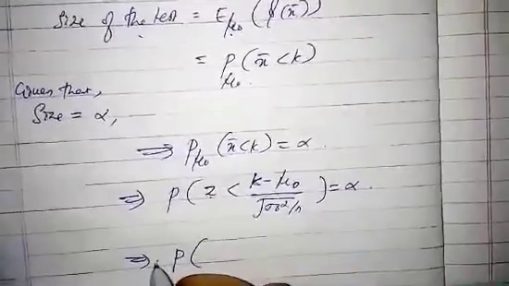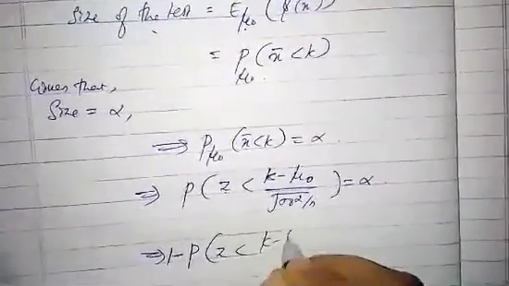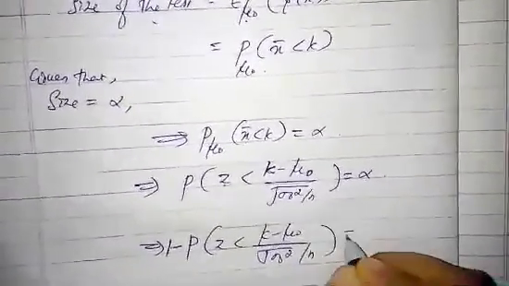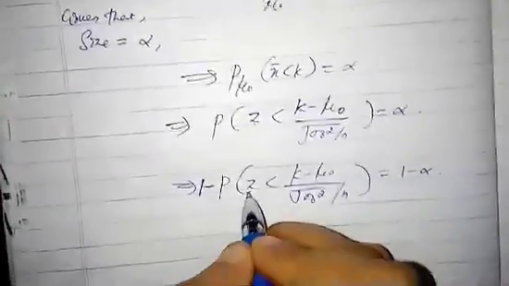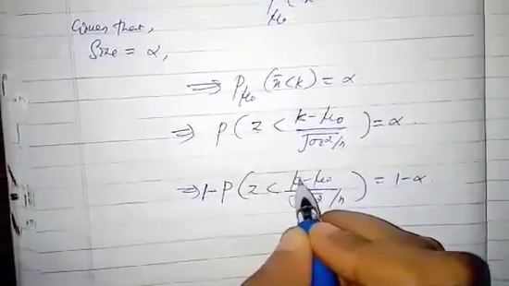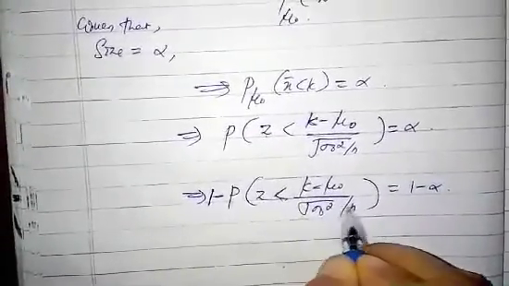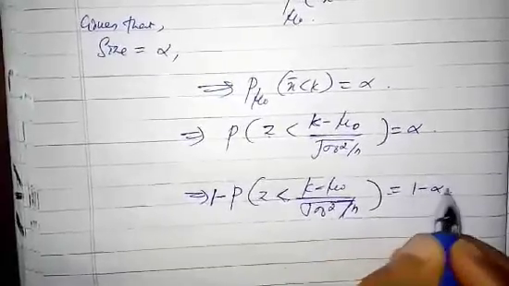For that we have to make some changes, that is 1 minus probability of z less than k minus mu naught divided by square root of sigma naught square divided by n, which is equal to 1 minus alpha.